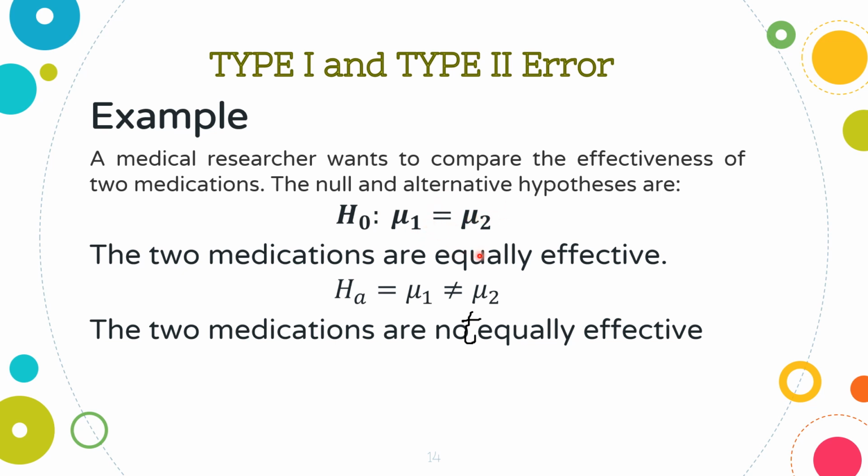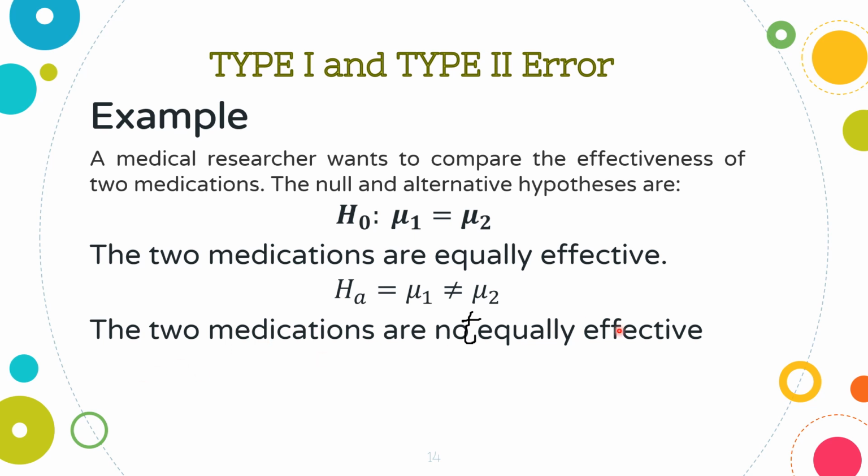So parehas silang effective. For the alternative, our HA is that our first medicine is not equal to our second medicine, which means either the first medicine is more effective than the second medicine, or the second medicine is more effective than the first.